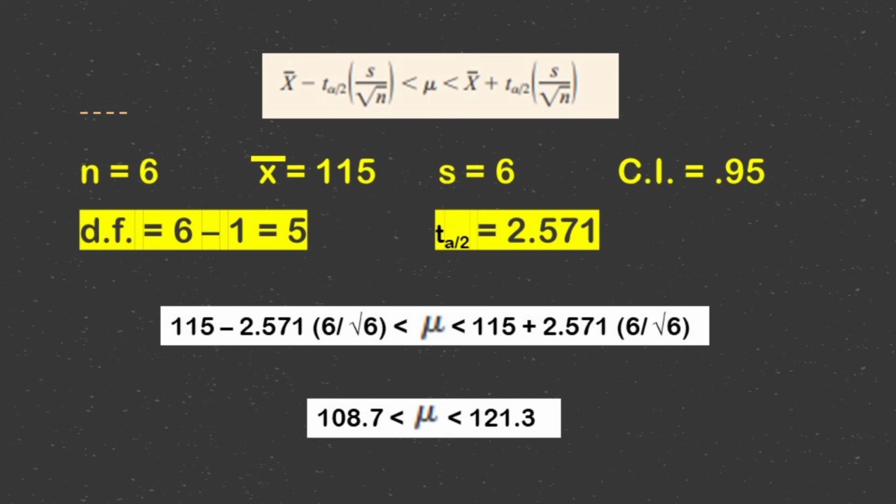And when we solve it, we will get 108.7 less than the population mean less than 121.3. Therefore, the 95% confidence interval of the true mean for the women is between 108.7 and 121.3.